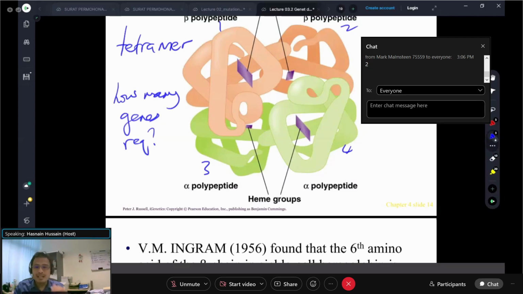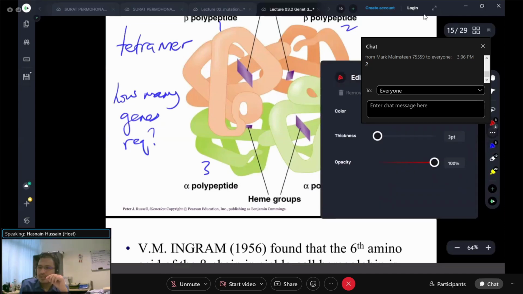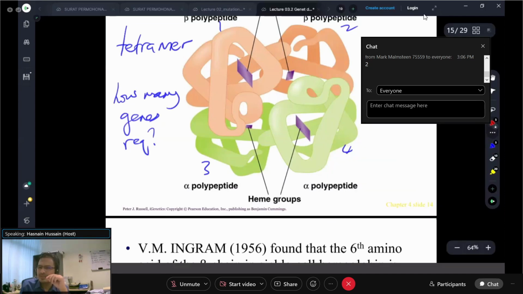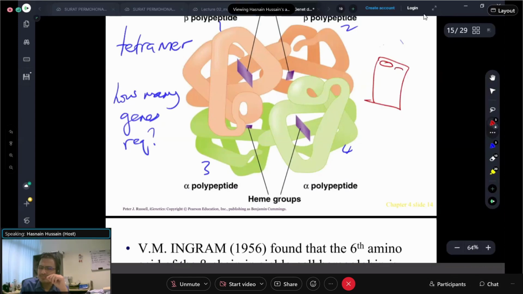But the thickness of the band itself usually refers to how much sample you put on the electrophoresis gel. When you run electrophoresis, there is a well.